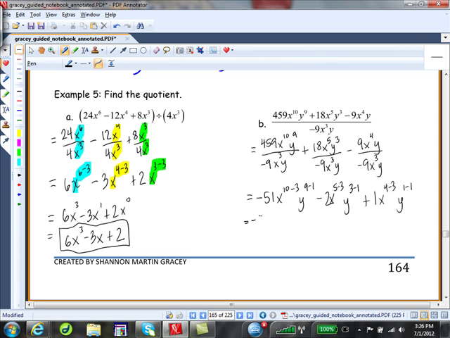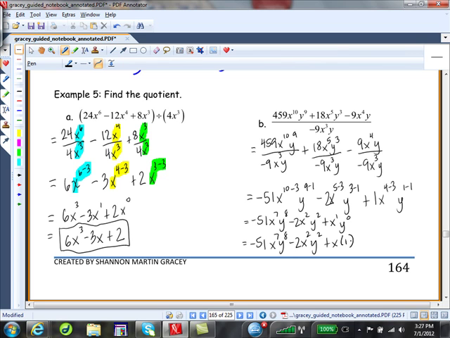All right, so here we go. We'll get negative 51 x to the 7th, y to the 8th, minus 2x squared, y squared, plus x to the 1, y to the 0, which will give us negative 51 x to the 7th, y to the 8th, minus 2x squared, y squared, plus x times 1.